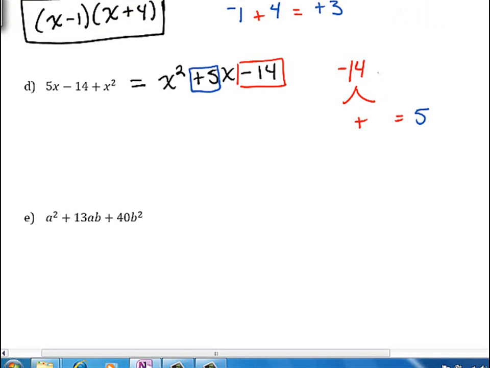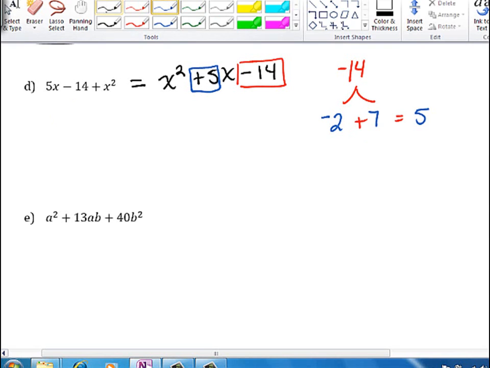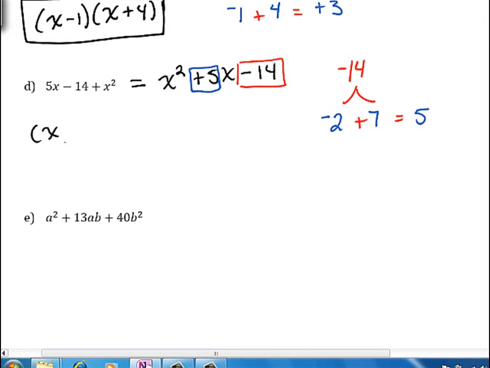It would either have to be 1 and 14 or 2 and 7, and it's going to be the 2 and the 7. I want a positive 5, so that means my 7 has to be positive, and my 2 is going to be negative. So this one will factor as x minus 2 times the quantity x plus 7.